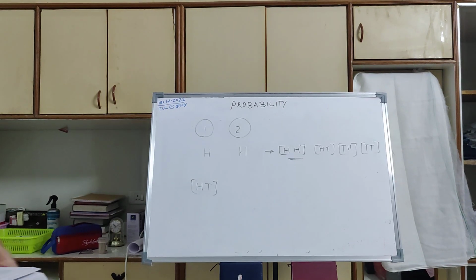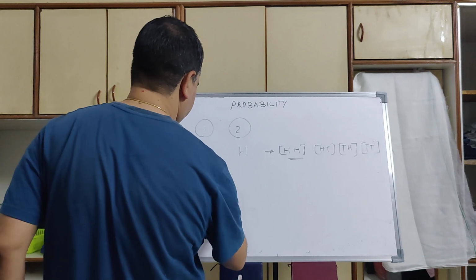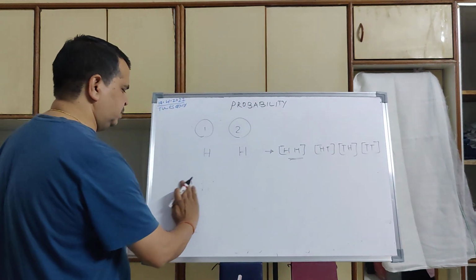All these four can happen. Two coins once or one coin twice is the same thing. The sample space is the same.